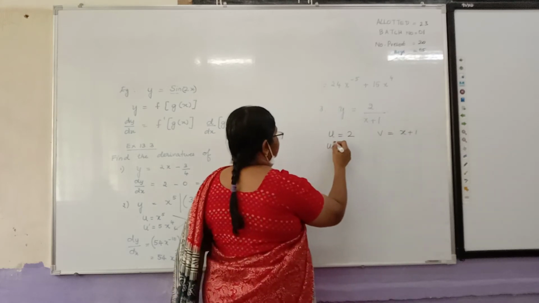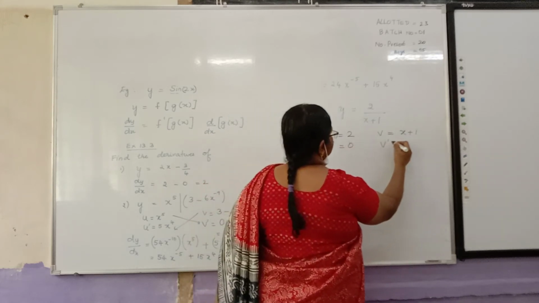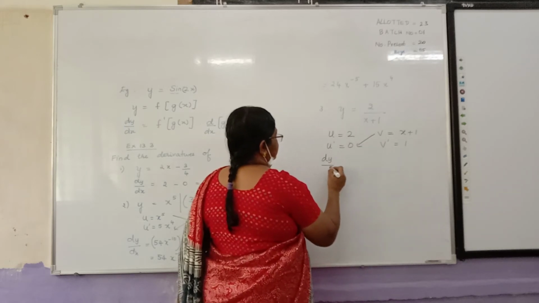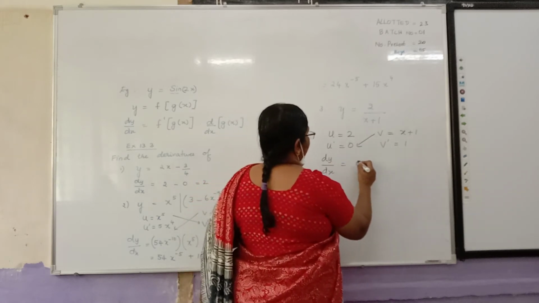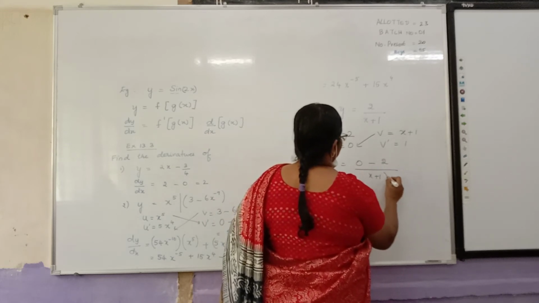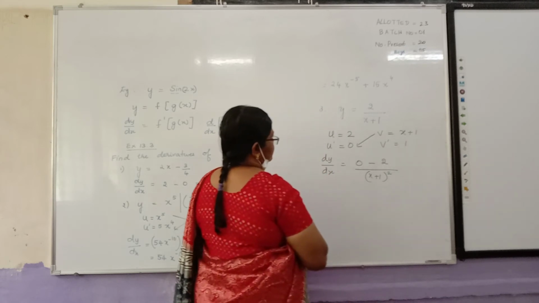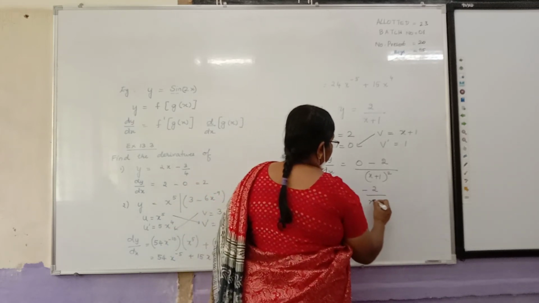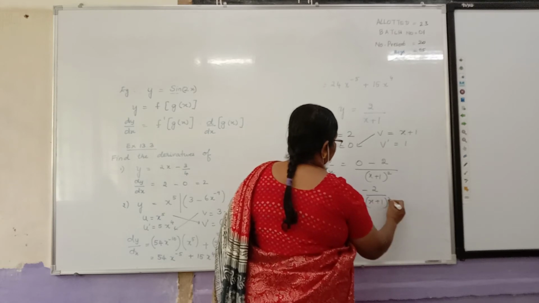So u dash is 0, v dash is 1. So from here you have to start. dy by dx is 0 minus 2 by (x plus 1) the whole square. So I get minus 2 by (x plus 1) the whole square. That's all.